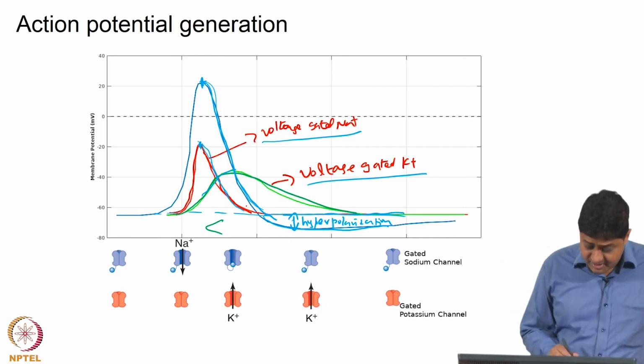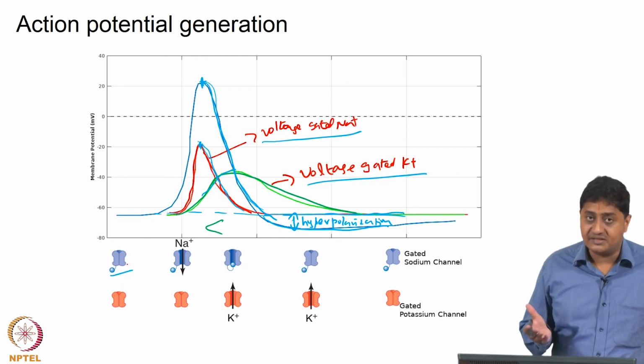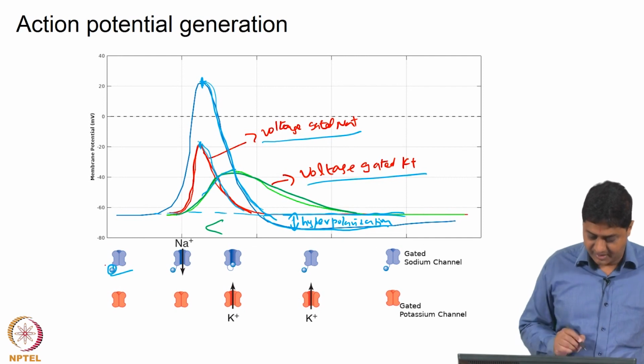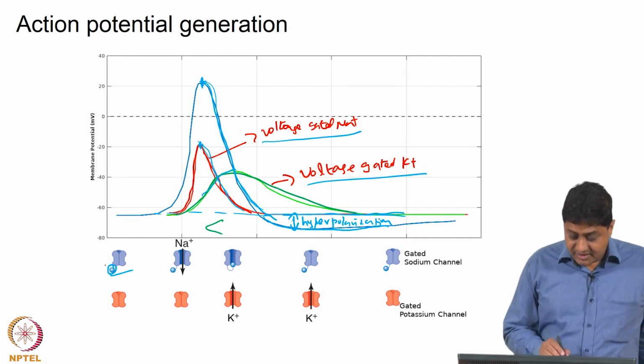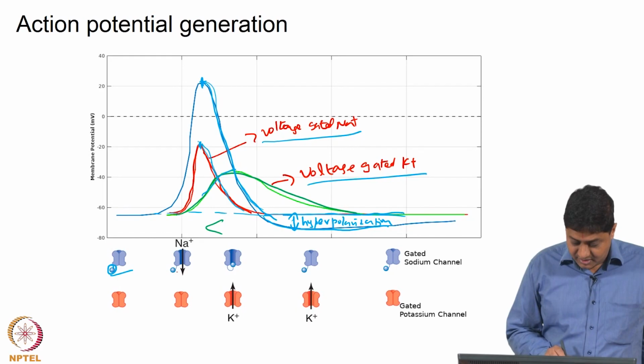So, what happens is that at rest the voltage gated sodium channel is at rest state. Basically the activation gate is closed and the inactivation gate is open like this. As soon as threshold is reached, the activation gate is open, leading to a lot of sodium entering the cell. But slowly the inactivation gate is trying to close.